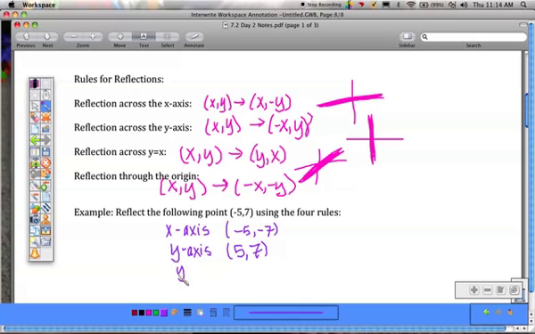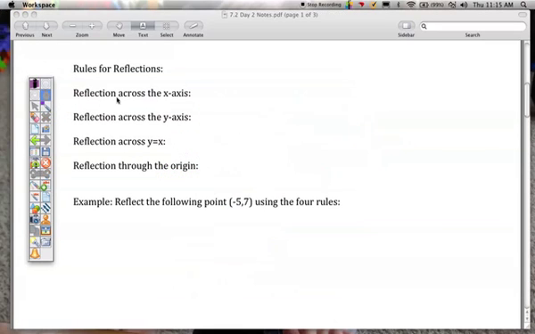A reflection across the line y equals x, you flip-flop them, so we're just going to get (7, -5). And through the origin, it'll be (5, -7). We do the opposite of each. So there's the review.